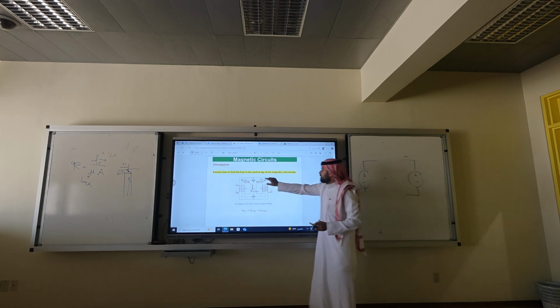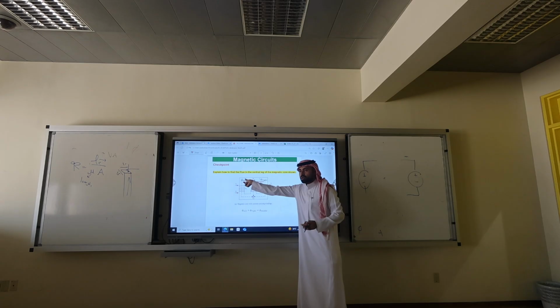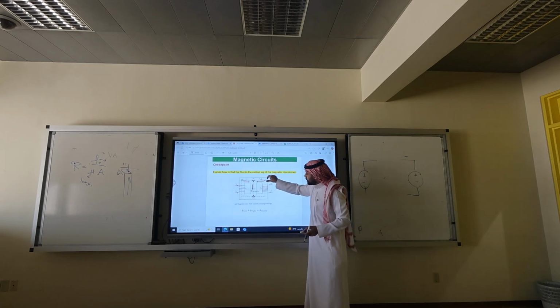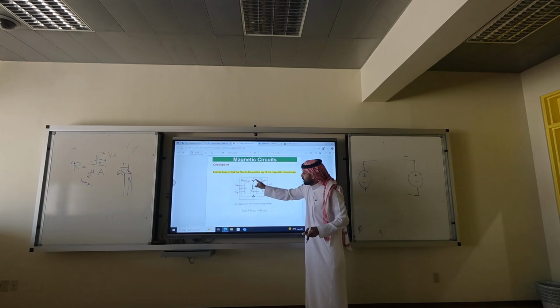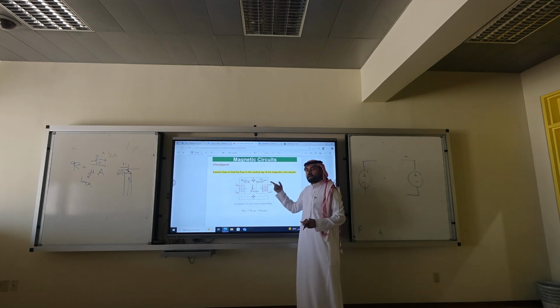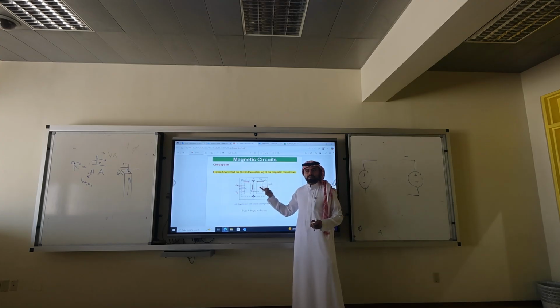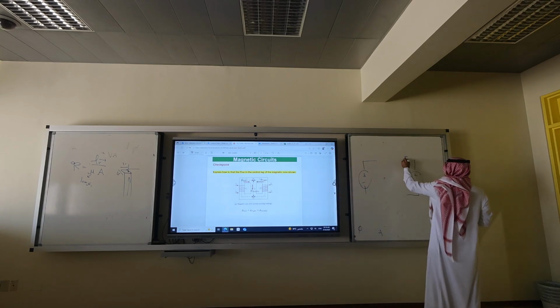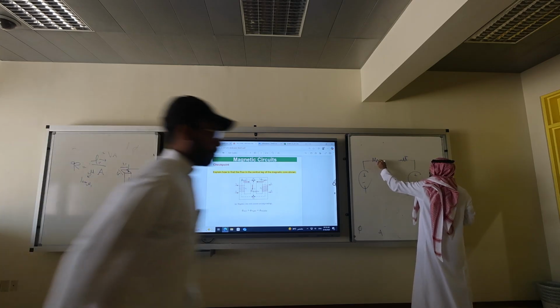Even though the right U-shaped leg and the left U-shaped leg look the same, if I apply different currents, they would carry different flux. Because they carry different flux, I should model them as two separate reluctances. One is here, one is here.